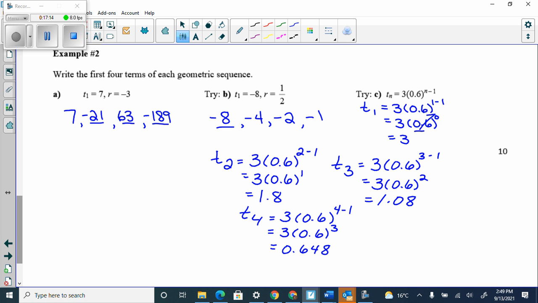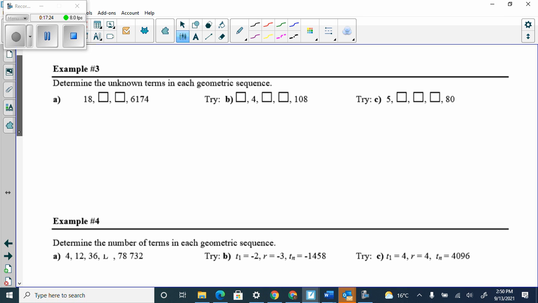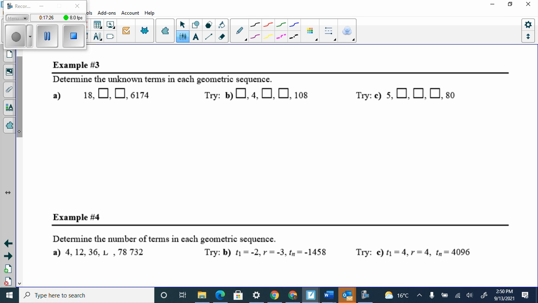Then we're going to flip over. Okay, this one says, determine the unknown terms in each geometric sequence. So, we need to know r in order to figure this out, correct? Let's write what we do know.